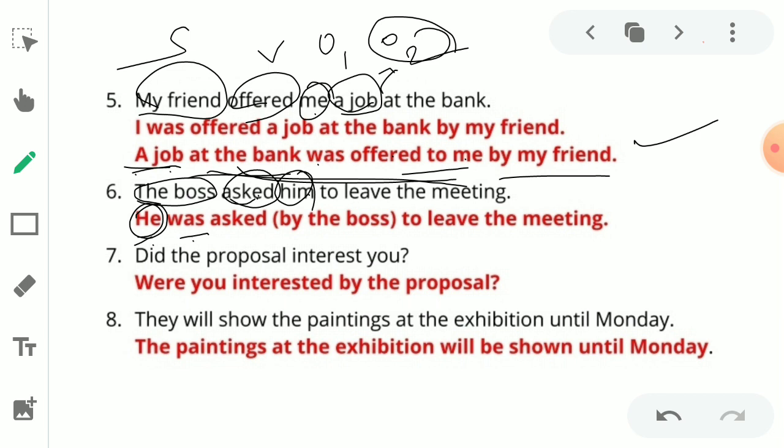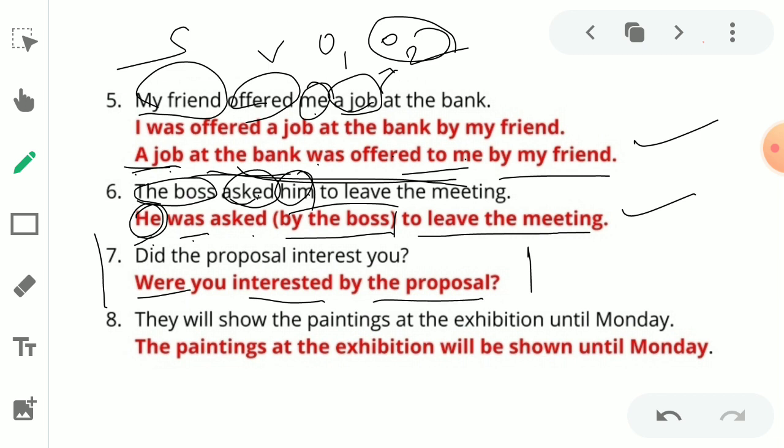He was asked by the boss to leave the meeting. So it's very simple to do. Next, did the proposal interest you? Were you interested by the proposal? Let me explain this at the end.